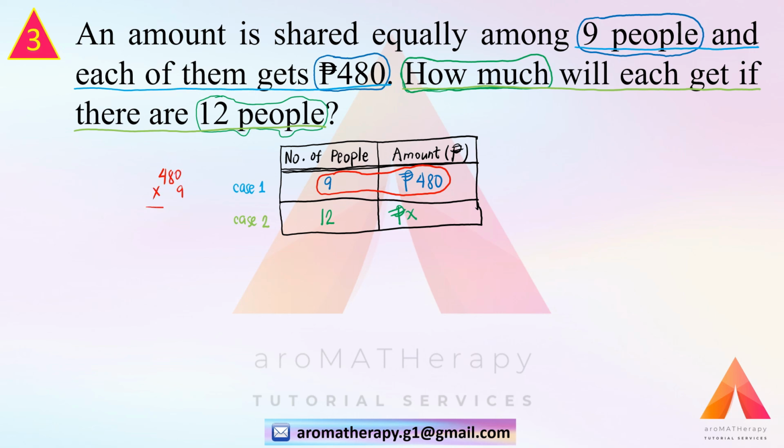This is equal to 4,320. So you write 4,320 divided by the number of people for case 2, divided by 12.